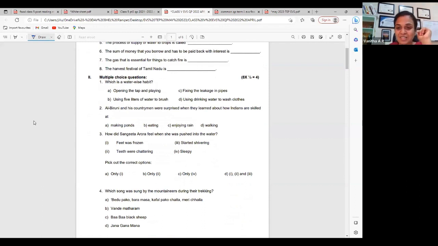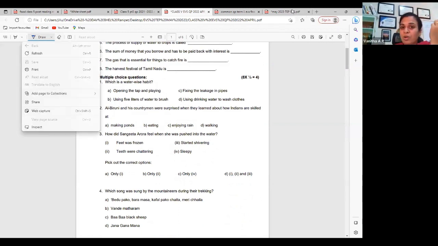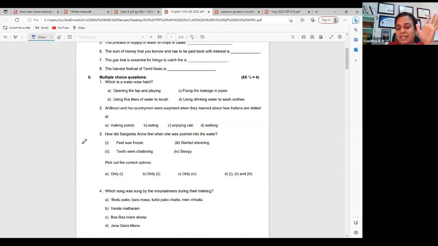It's there in the lesson. So one money lender is there, he lends money to others. See how you have to interpret the sum of money that you borrow and has to be paid back with interest, because in that lesson, the lender tells the farmers they work to pay it back with interest.